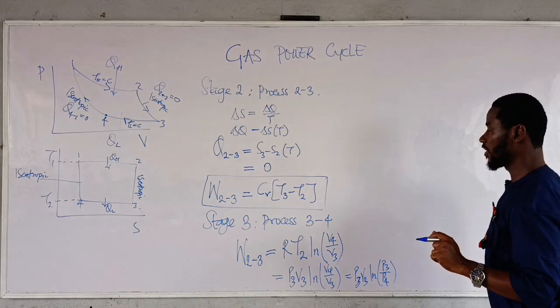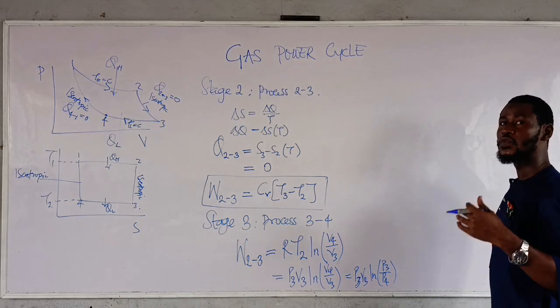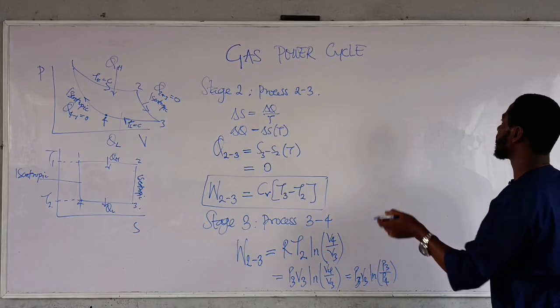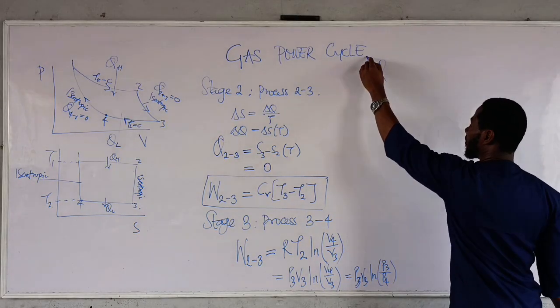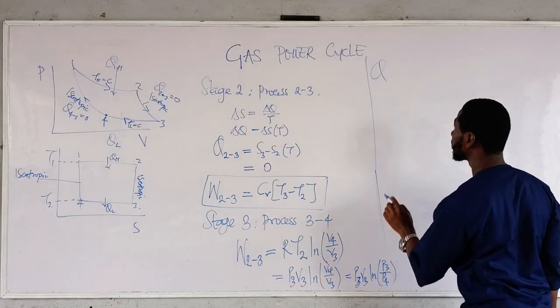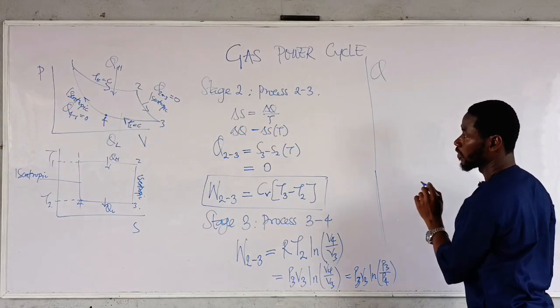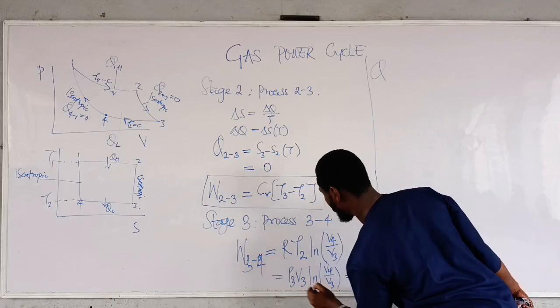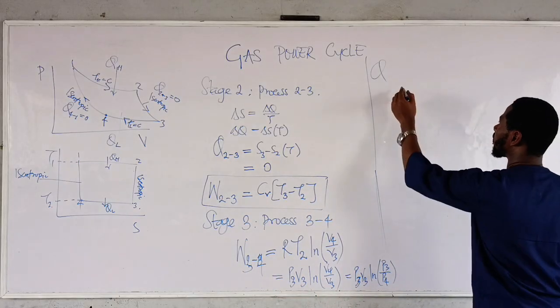Now, what is the heat transfer? Following your first law, work is the same thing as heat. So Q2 to 3, or 3 to 4? I'm sorry, it's 3 to 4.